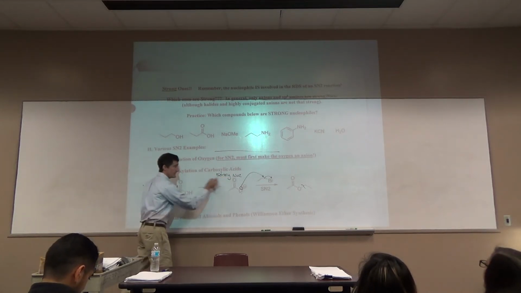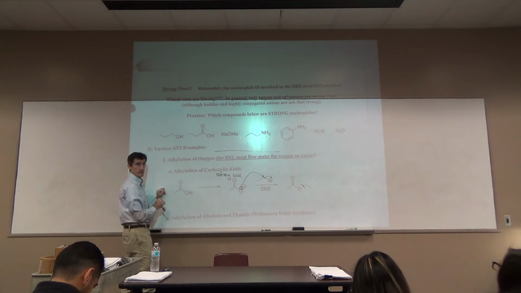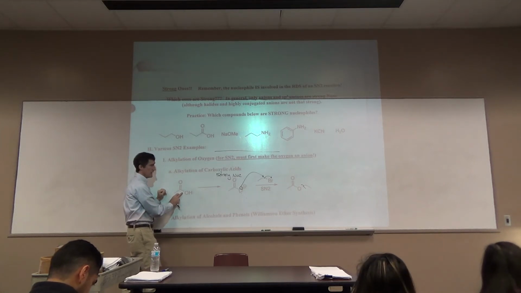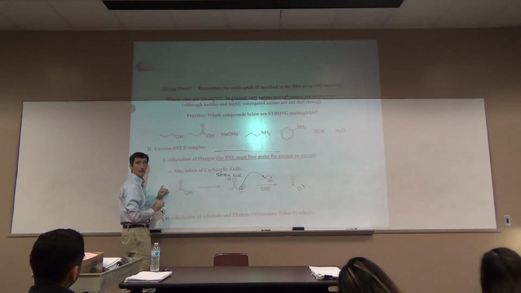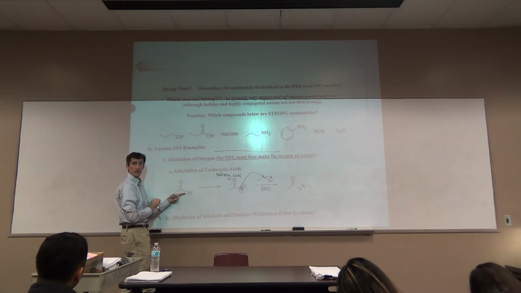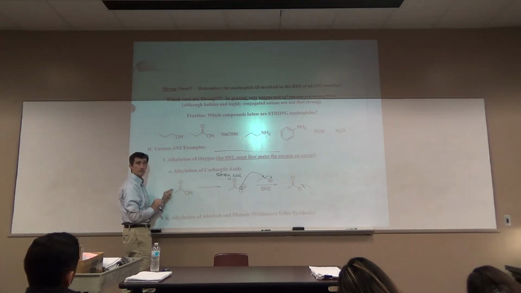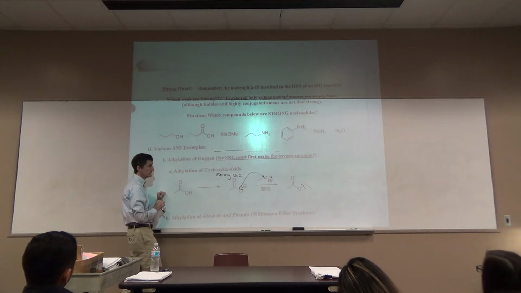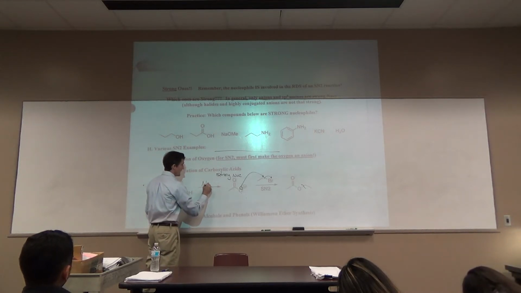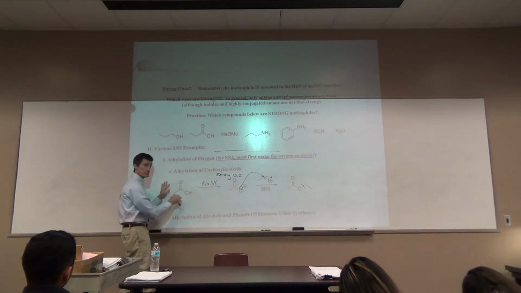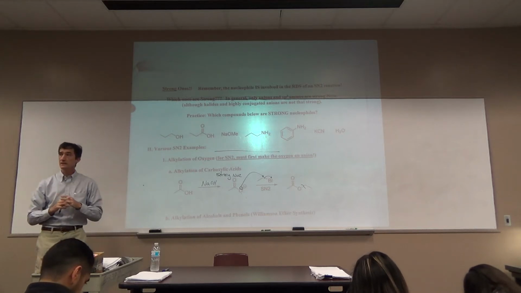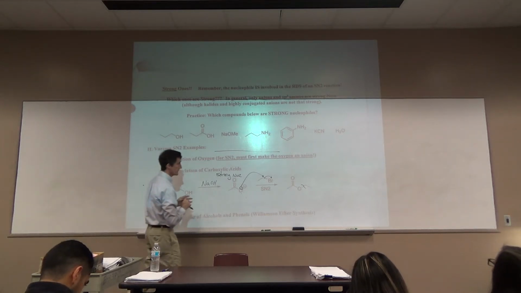But first we had to turn it into a good nucleophile. Bad nucleophile. How do we get here? We just need to remove an H+. What reagent would you use? How about sodium hydroxide? Would hydroxide remove this proton in an acid-base reaction? Yeah.